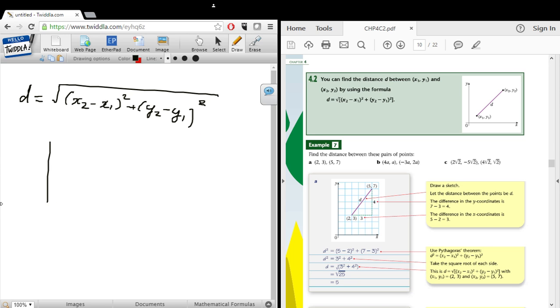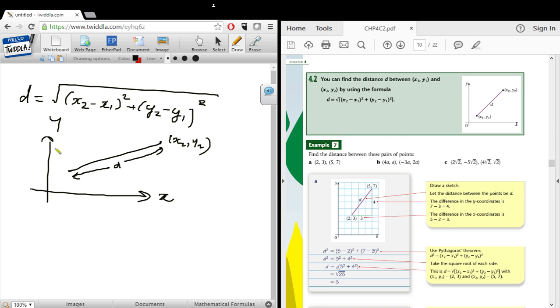Whereby we have this line on the graph, and d is the distance from here to here, and this is x2, y2, and this is x1, y1.